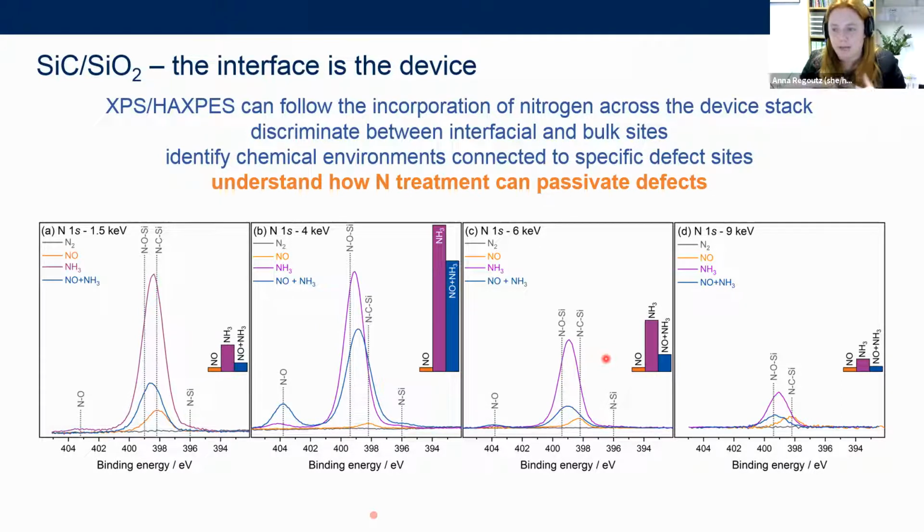The same thing can happen for silicon oxide defects on the other side of the interface. So by combining soft and hard X-rays and carefully tuning your probing depth, you can probe this buried interface plus the dielectric and semiconductor films and uncover the distribution of defect sites and their passivation in these different environments.